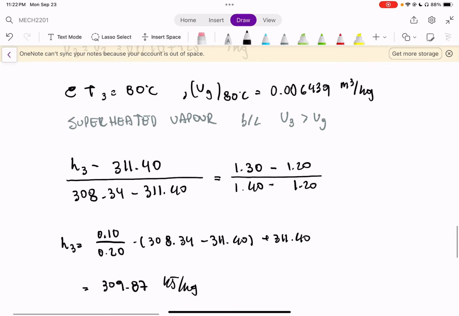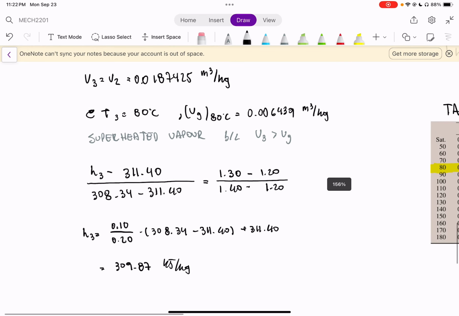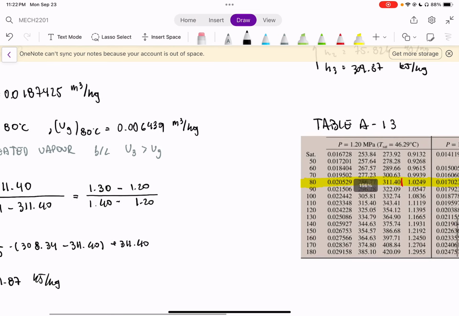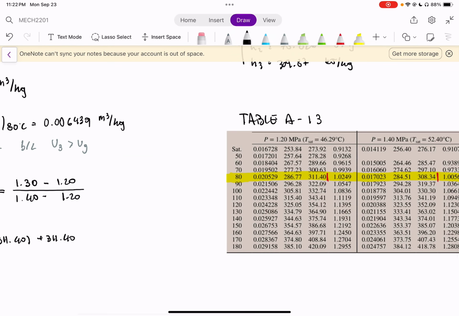Now we have to find h3 by building up a ratio. Here we have an assumption. The assumption is that it's progressing linearly between these terms, because we need to find the value in between 1.2 and 1.4.